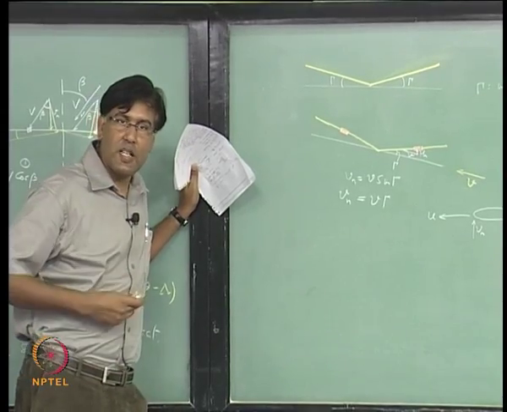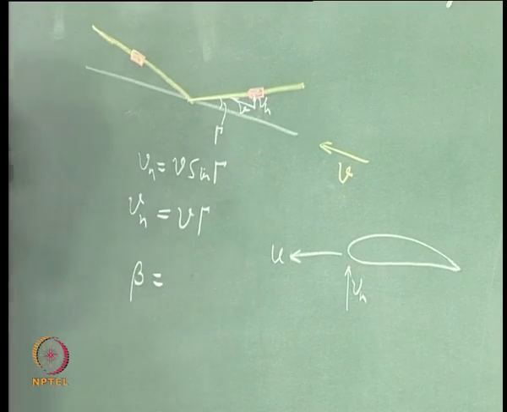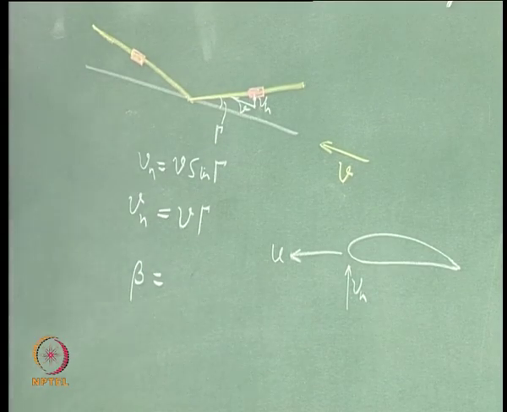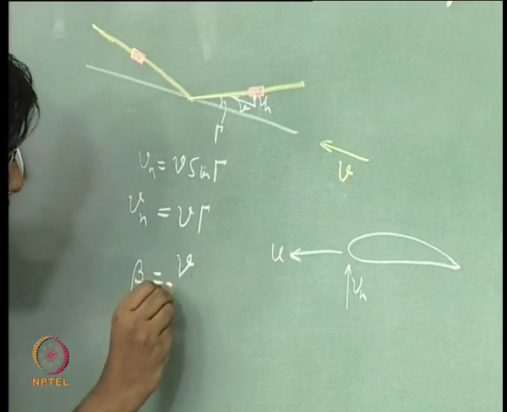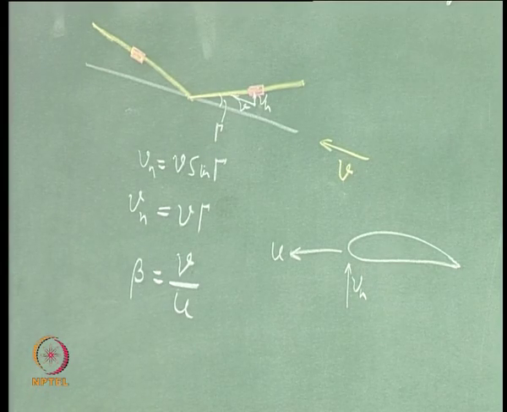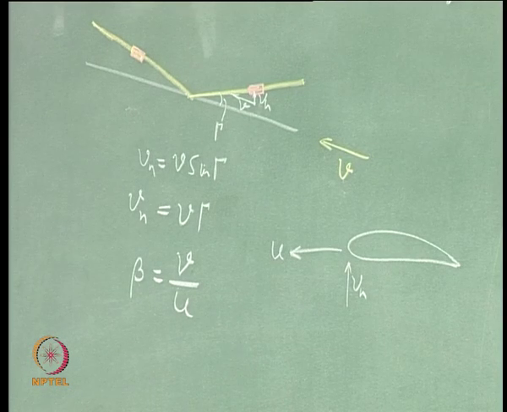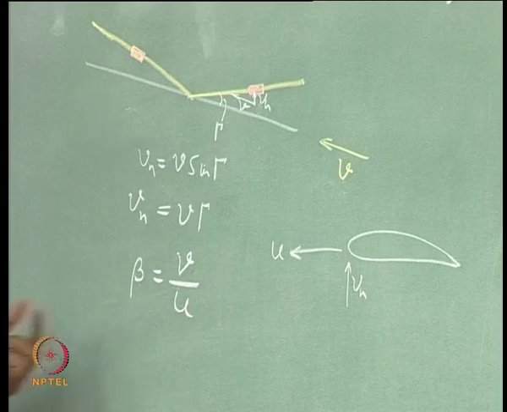How do you define the side slip angle, beta? Beta is small v over U. U is the forward velocity and this small v is the side velocity. So, this is how you will define the small angle beta.